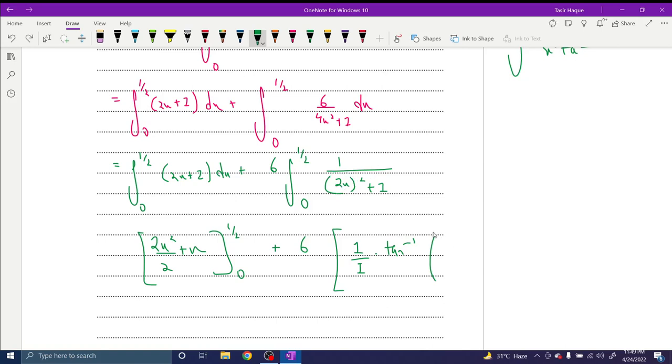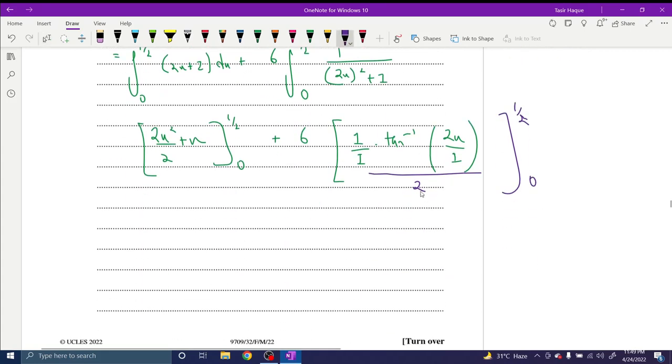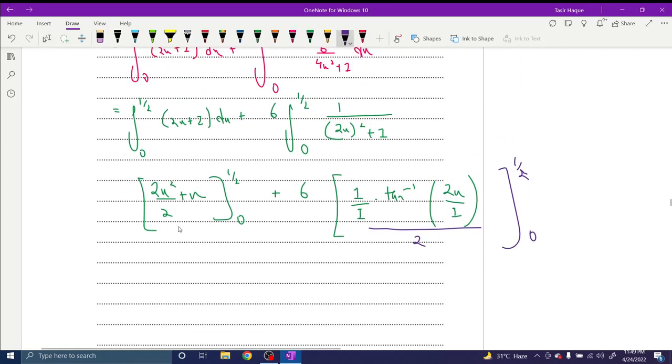So here x is actually twice x, right? And a is 1, right? But since there's a twice x inside, we need to integrate that as well. I mean, we need to differentiate that, and it's going to go to the denominator. So we end up with this. Okay, hopefully it makes sense.